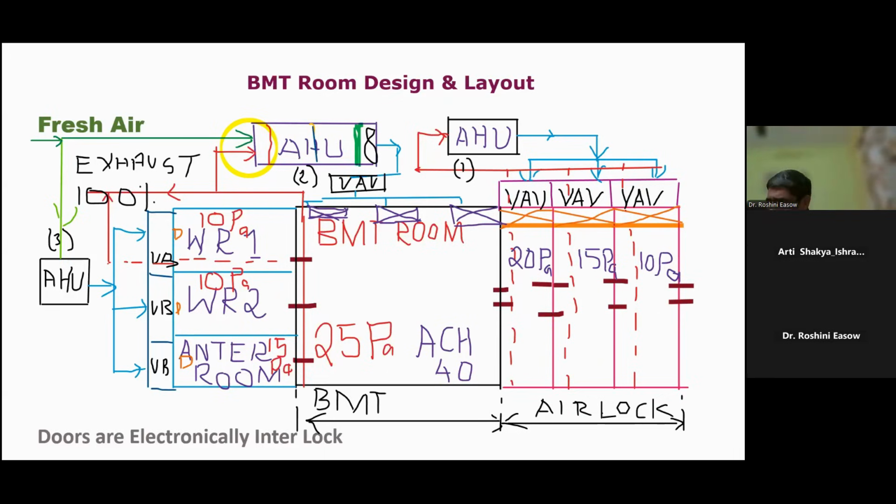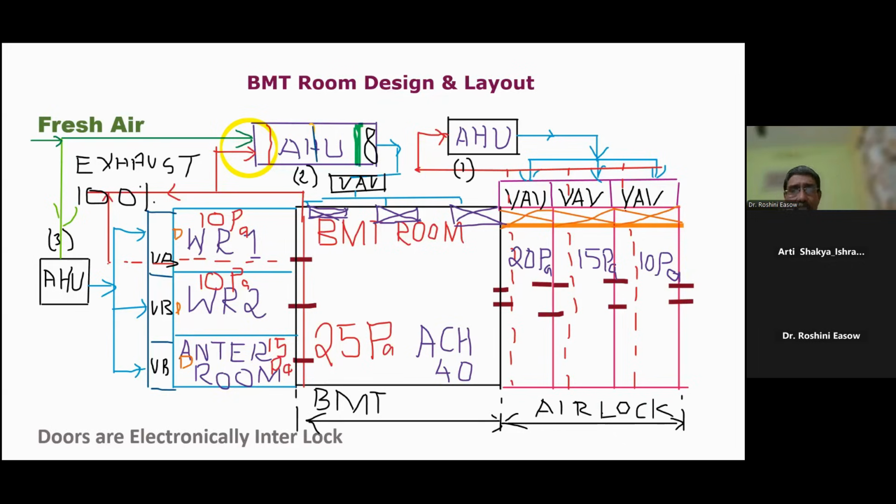That is another important point. So you understand how difficult it is, because managing and designing air is much more difficult than a liquid. Both are fluids; in terms of fluid dynamics, both are fluid. But air is more difficult because under pressure it gets compressed and changes its pressure. Therefore, a BMT room is completely dependent on HVAC systems.